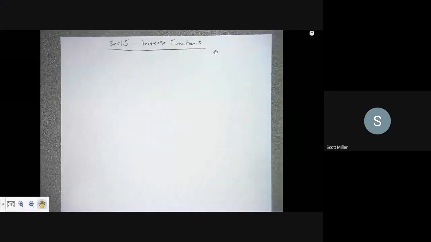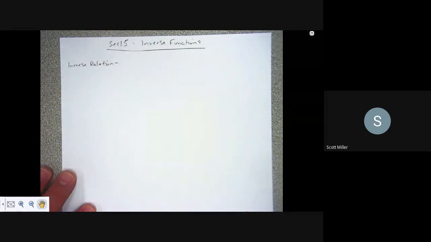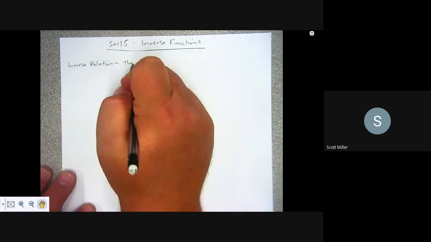All right, so today we're going to be looking at inverse functions. Before we do that, we need to start off with the bigger picture and what is an inverse relation. Okay? Here's the definition.